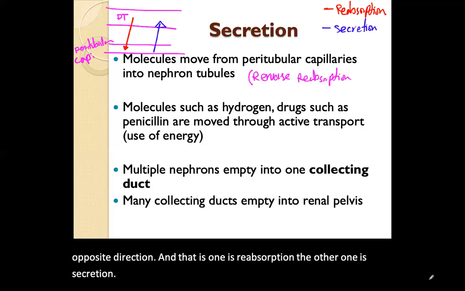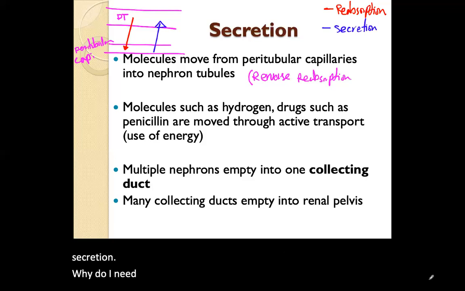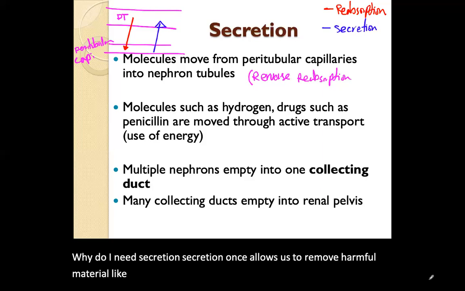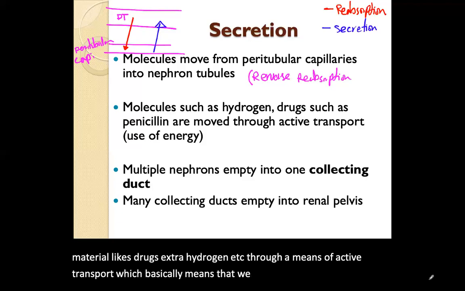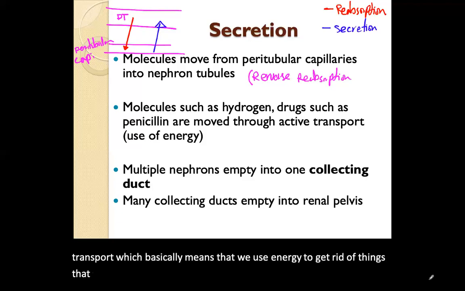Why do I need secretion? Secretion allows us to remove harmful material like drugs, extra hydrogen, etc., through a means of active transport, which basically means that we use energy to get rid of things that are harming our body or are unwanted to us.